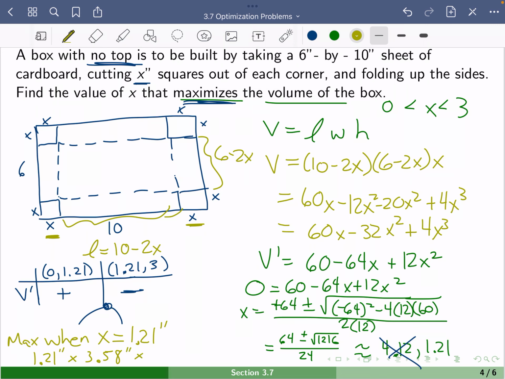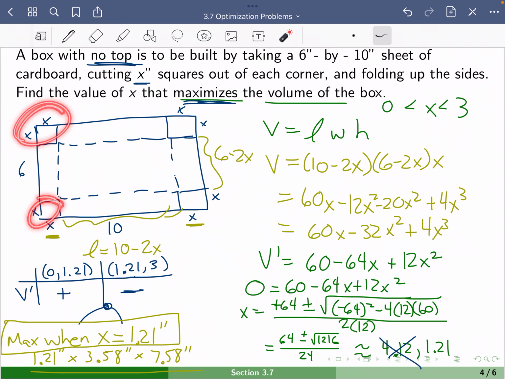And 10 minus 2.42 would be 7.58. So those would be the dimensions of the box. We were only asked to come up with the value of x. So what size square are we cutting out from those corners?